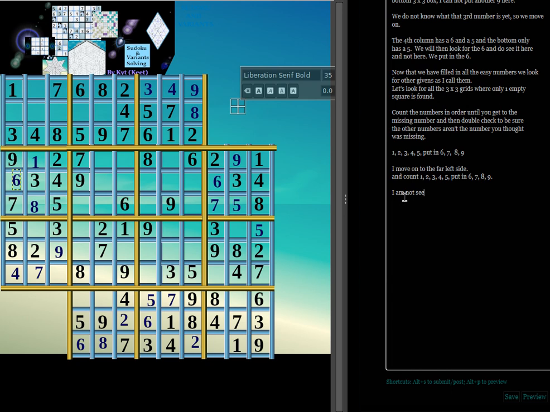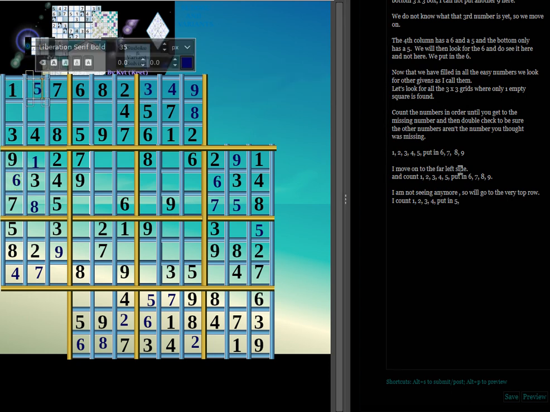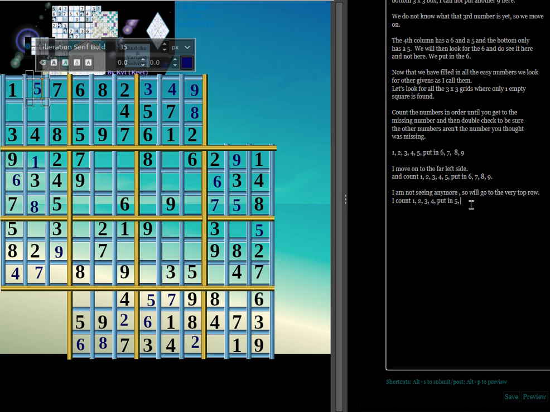I am not seeing any more, so we'll go to the very top row. I count 1, 2, 3, 4, put in 5. 6, 7, 8, 9.